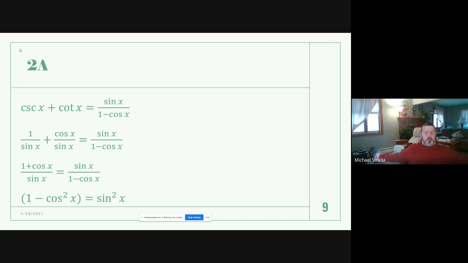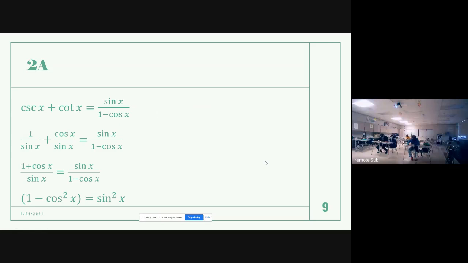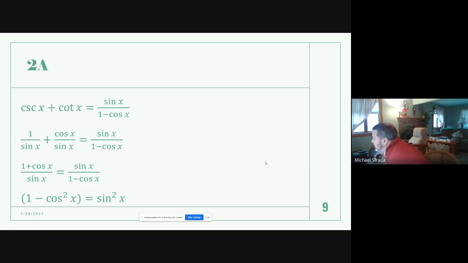Feel free at that point to cross multiply. When you do that, you'll have sine squared x equals 1 minus cosine squared x. And since that is basically a Pythagorean identity, we should be good to go.